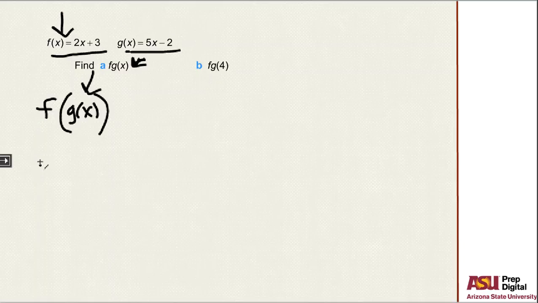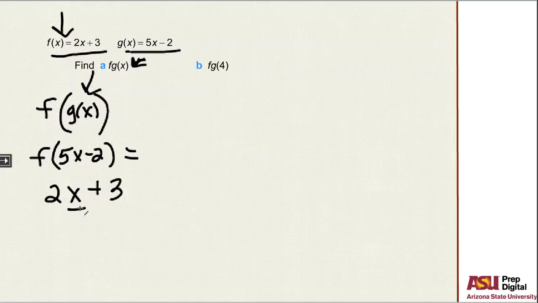And so if I use substitution, that means that g of x is equal to 5x minus 2. Okay, so the 5x minus 2 is now my input for f. And so f is 2x plus 3.